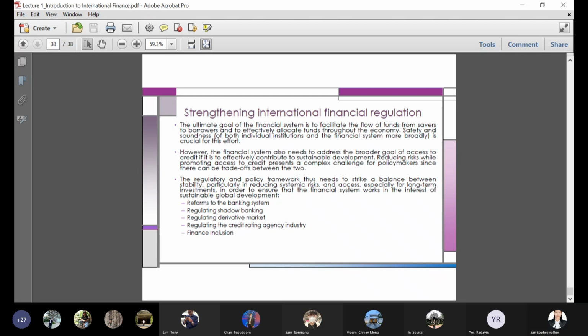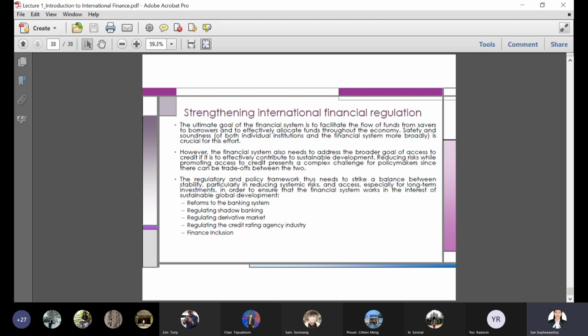So the GFC has prompted governments and the intergovernmental community to undertake a number of important reforms in financial sector regulations. The ultimate goal of the financial system, we already know, is to facilitate the flow of funds from savers to borrowers and to effectively allocate funds throughout the economy.